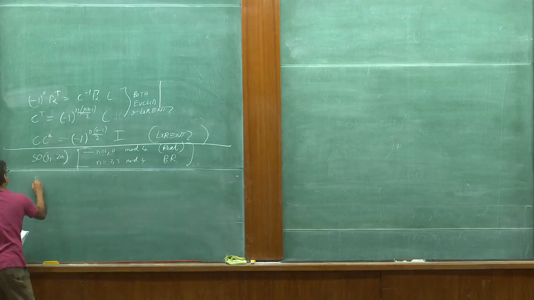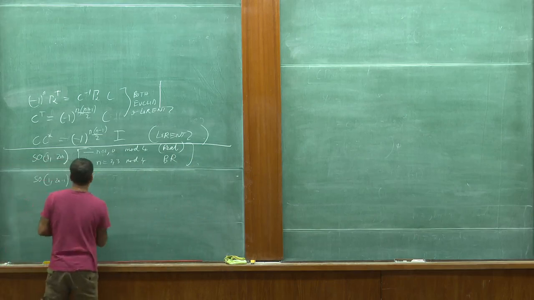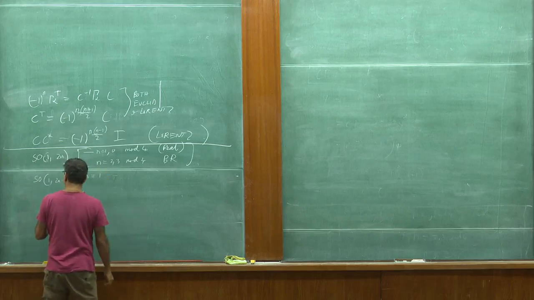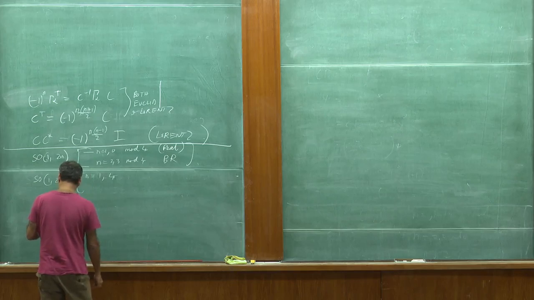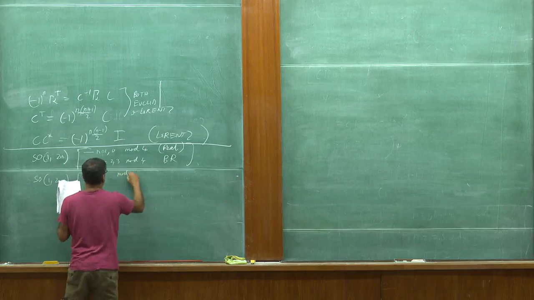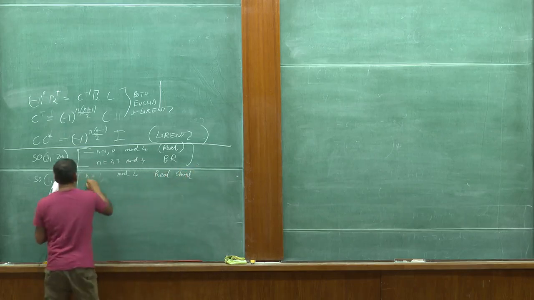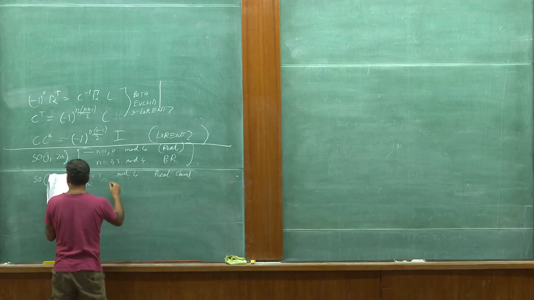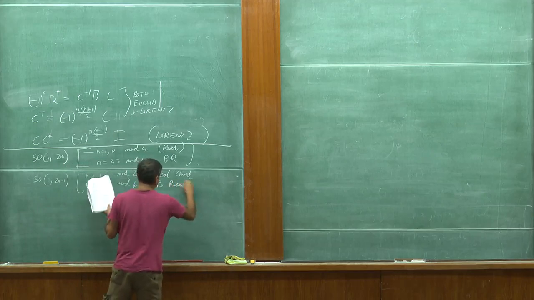And for SO(1, 2n-1), n equal to 1 mod 4 was real and chiral. n equal to 3 mod 4 was pseudo-real and of course chiral.